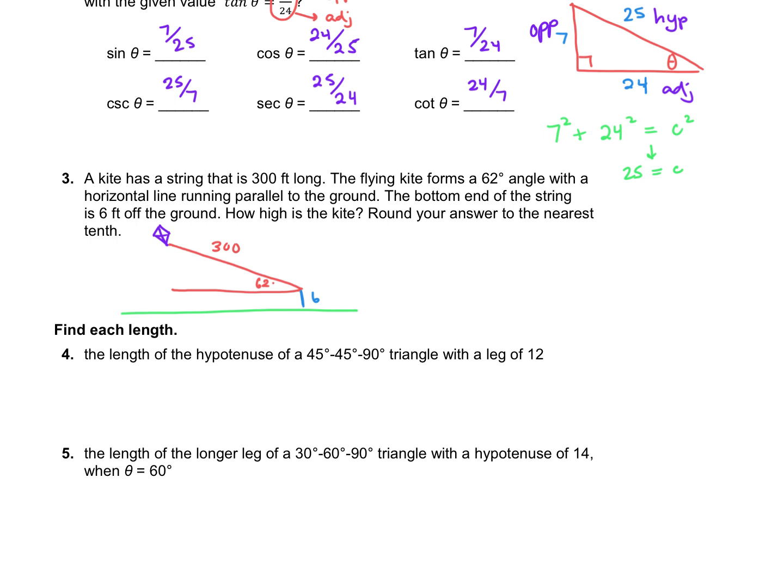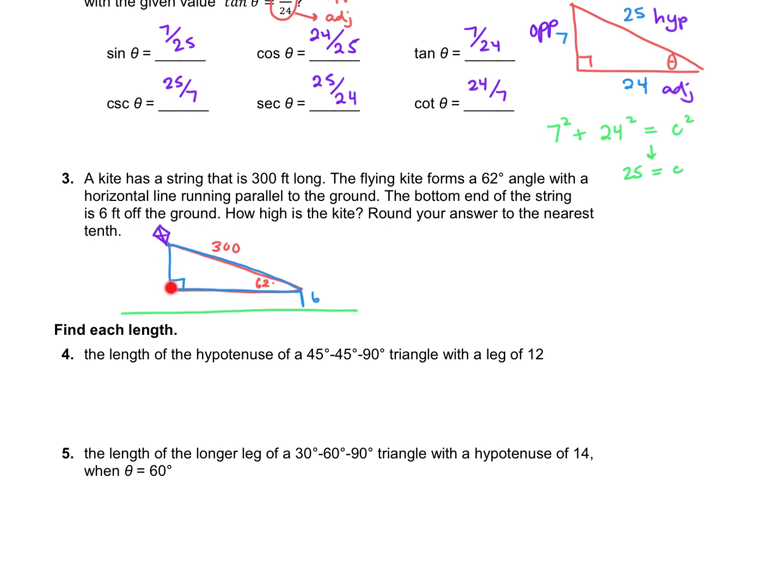So if we look at the kite, we can form a right triangle with this triangle right here. So we're going to start with this triangle, and then we will bring in that 6 feet in the very end. To figure out how high the kite is off the ground, we need to know how long this is, and then we will add on that additional 6 feet that it's still off of the ground.